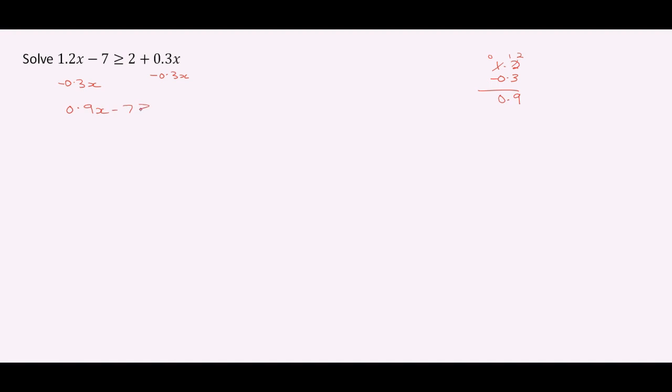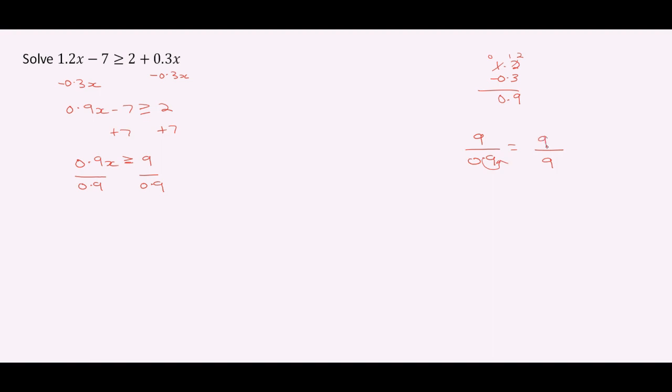So 0.9x minus 7 is greater than or equal to 2. We add 7 to both sides. So 0.9x is greater than or equal to 9. Now we divide by 0.9 on both sides. So 9 divided by 0.9 is the same as, we're going to move the decimal over to this side.